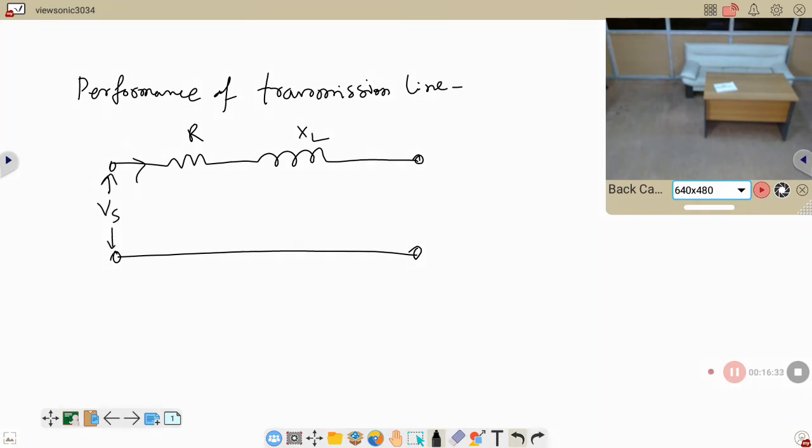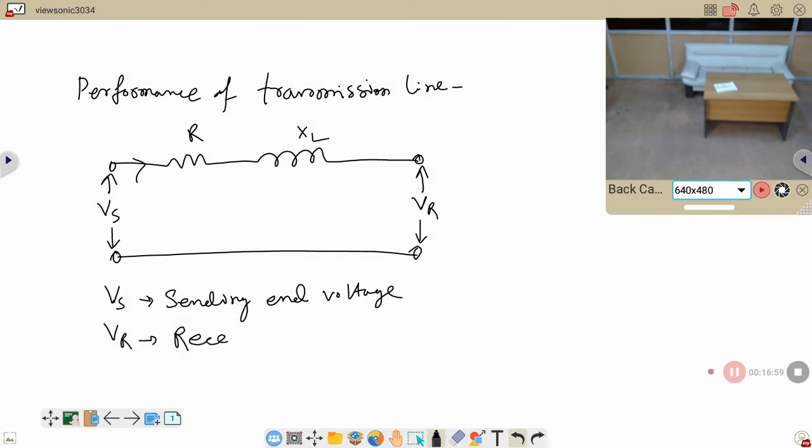This input voltage is called sending end voltage. The output voltage is called receiving end voltage. What I have told you, Vs is the sending end voltage, and VR is the receiving end voltage. Whatever current goes through here is called sending end current.